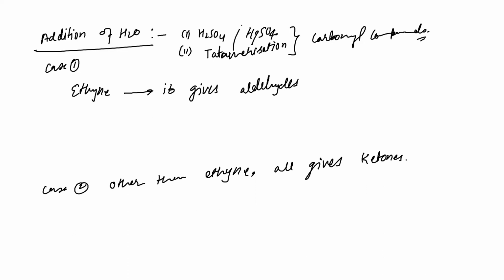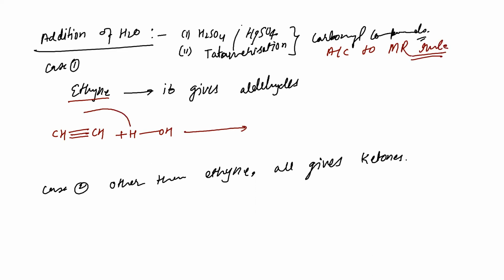Let me tell you, if you are taking ethyne, here we have CH triple bond CH, and you are taking water, HOH. It goes according to Markovnikov's rule. Always follow Markovnikov's rule. So one hydrogen goes here and OH goes here, so it is CH2 double bond CH-OH.